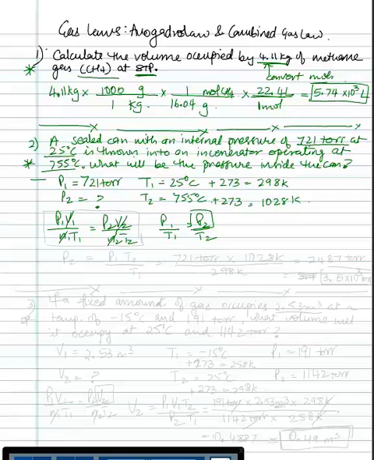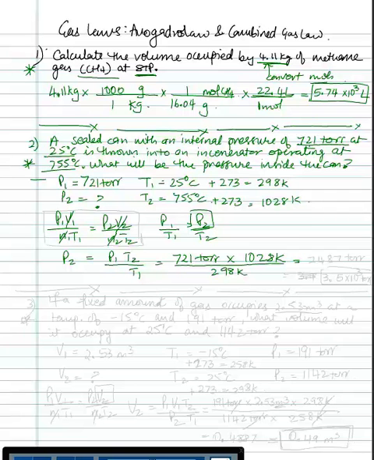With cross multiplication, P2 is equal to P1 T2 over T1. So P1 is 721 torr times T2, the second temperature, which is 1028 Kelvin, divided by the initial temperature, 298 Kelvin.